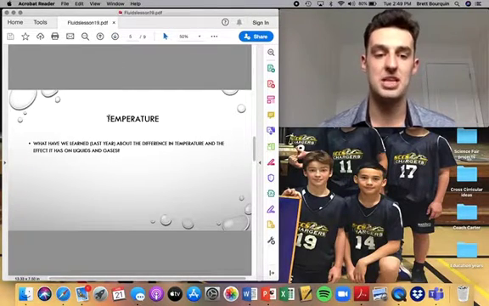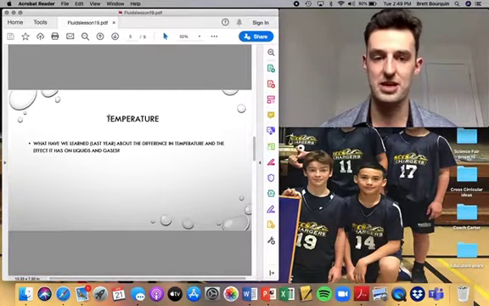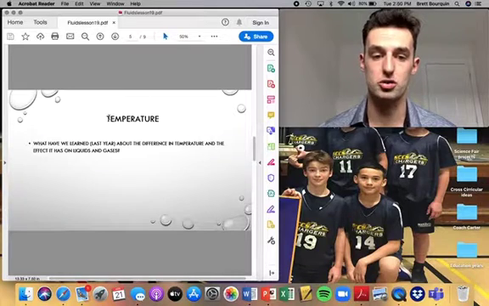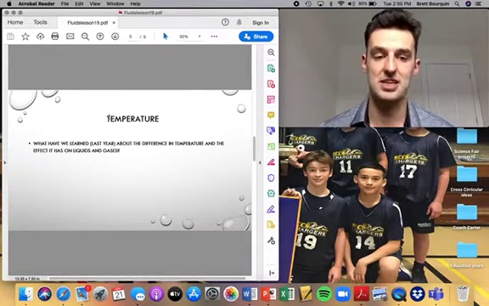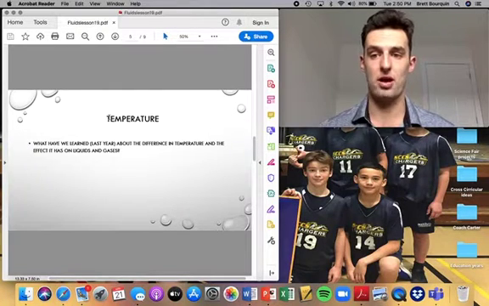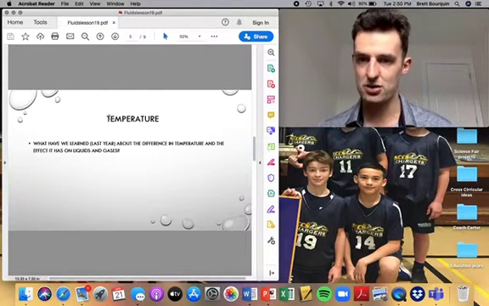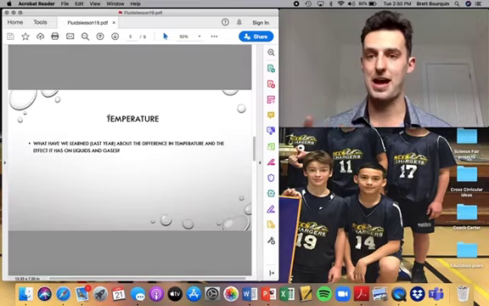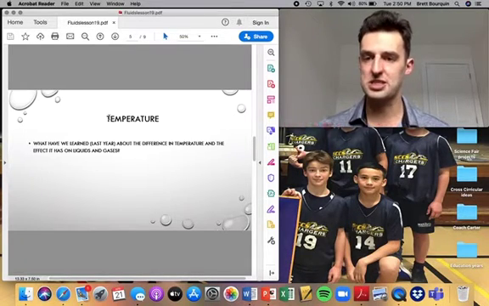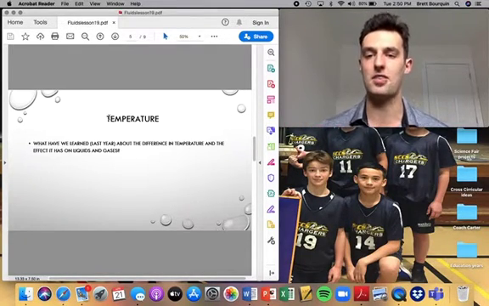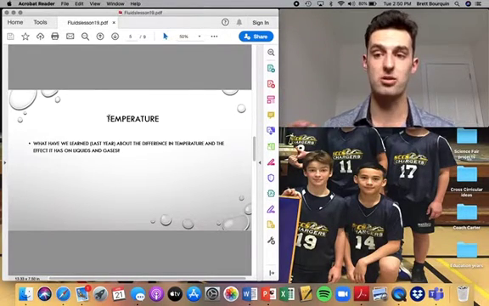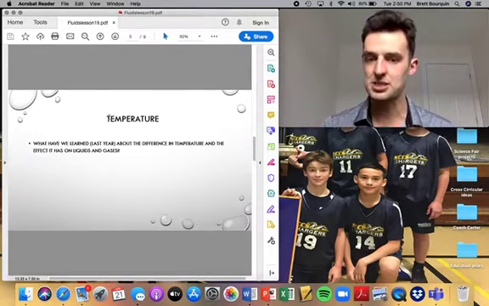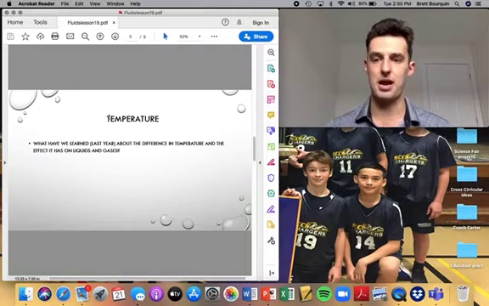When we talk about temperature, we know that temperature has an effect on those particles. When we add temperature or energy, those particles start moving faster, which increases the pressure being put on the container. You'll see that aerosol sprays, like hair sprays, are compressed gases, and they often say not to leave them by an open flame.